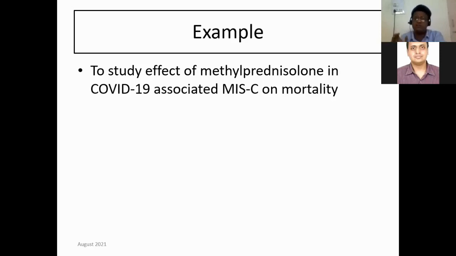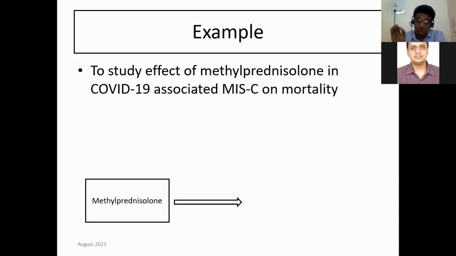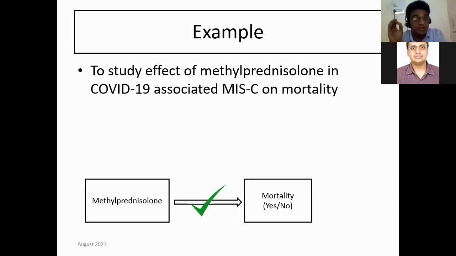The intervention that you're giving is methylprednisolone. Whether given or not given, methylprednisolone is definitely going to affect the mortality, right? So if that intervention is going to affect the outcome, that is the mortality, only then we call this an interventional study. It's very important to understand, as the first step, whether it is truly an interventional study or not.